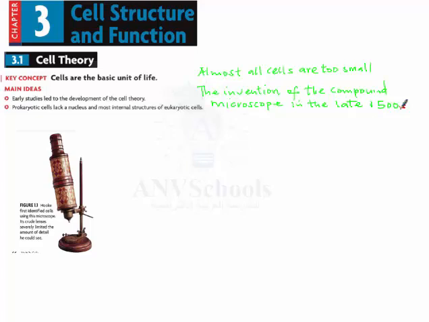The compound microscope was invented by a Dutch glass maker, Zachariah Jansen. It is believed he was probably assisted by his father, Hans.